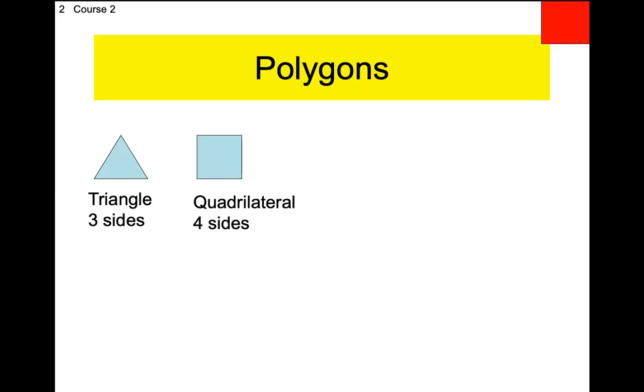For the following, from 5 sides on upwards, we're not going to go over the types. We're just going to talk about the generic one. The one that has 5 sides is called a pentagon. Penta meaning 5, gon meaning angle or corner. These are going to come fast and furious at you.